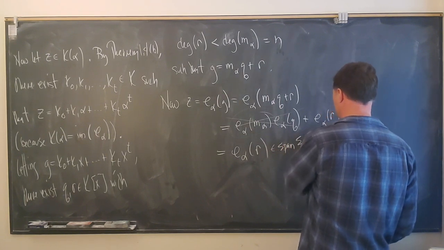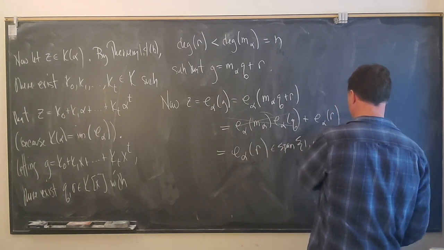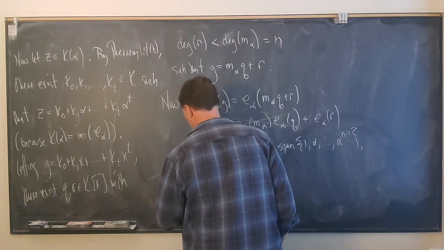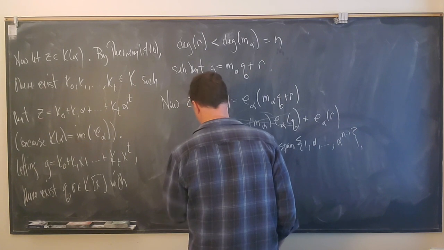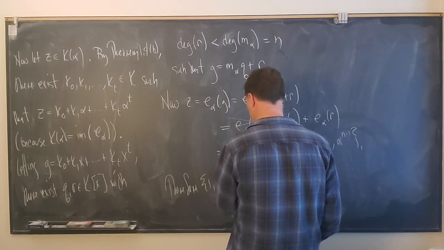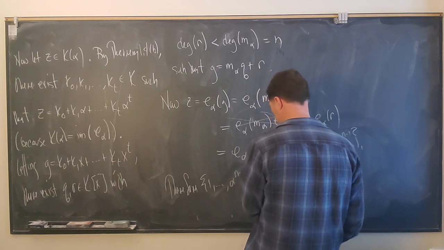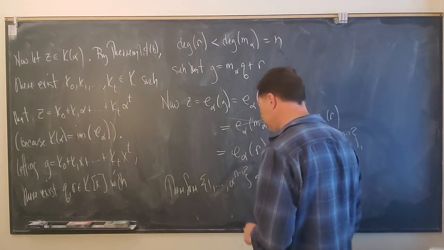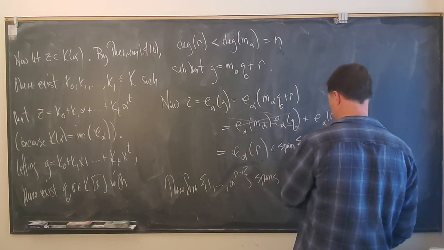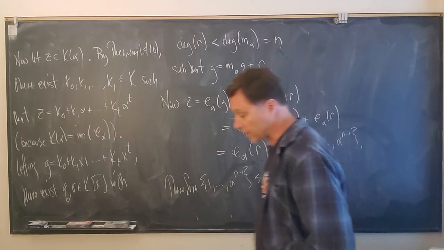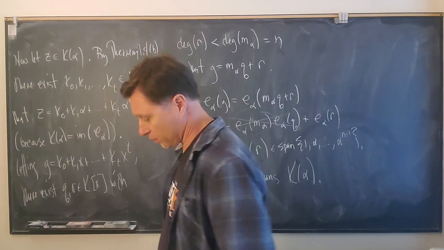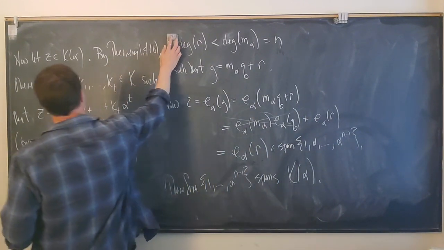Therefore, the set 1 up through alpha to the n minus 1 spans K adjoint alpha. Okay, so that takes care of the forward direction.